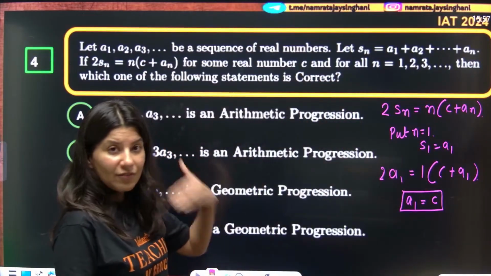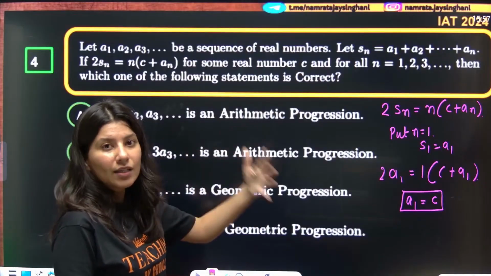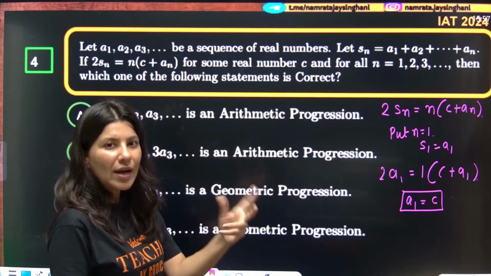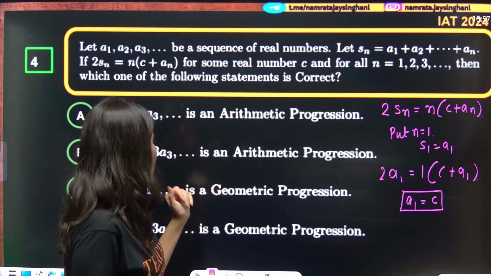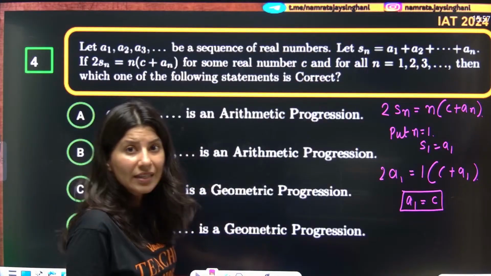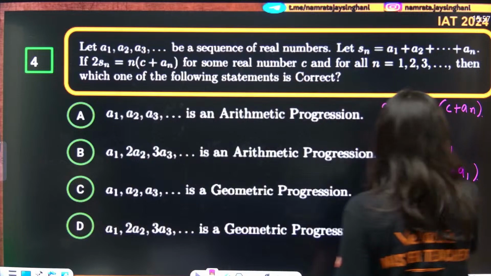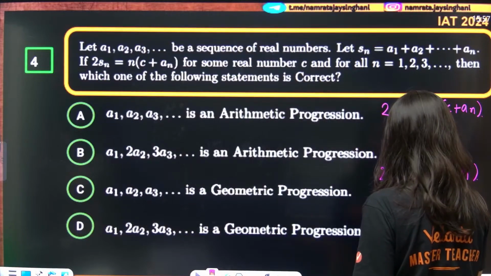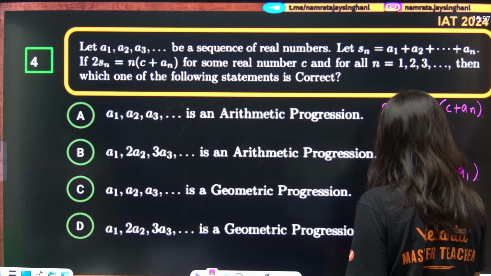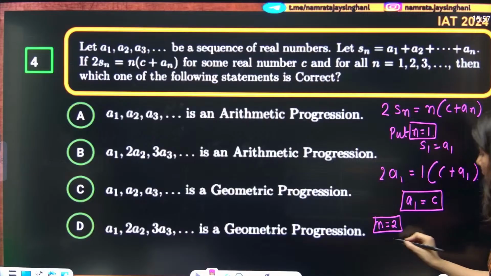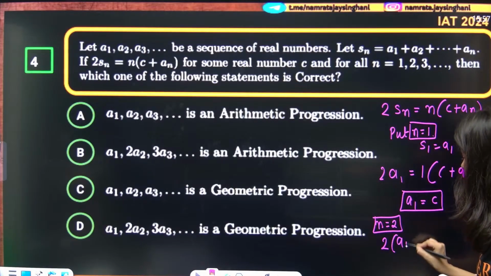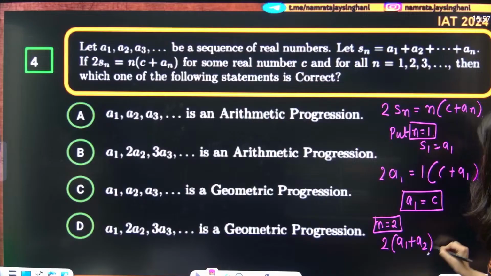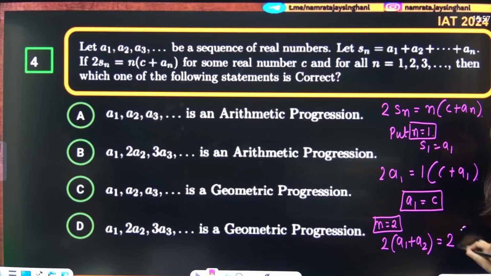So if we try to calculate A1, A2 and so on, we are going to identify which kind of series this is. Is this an arithmetic progression or geometric progression or something like that? Now put n equal to 2. 2 times S2. S2 is nothing but A1 plus A2, equal to 2 times C plus A2.